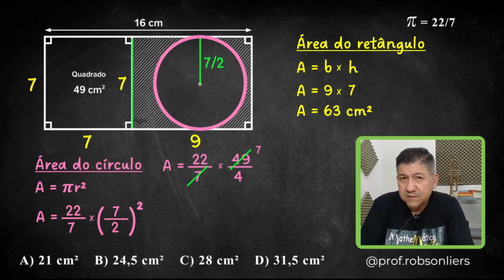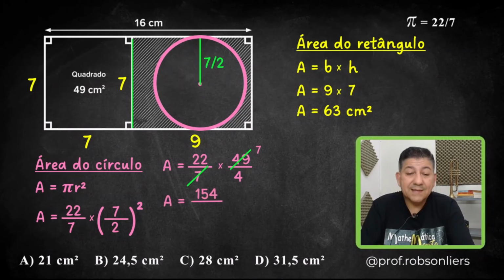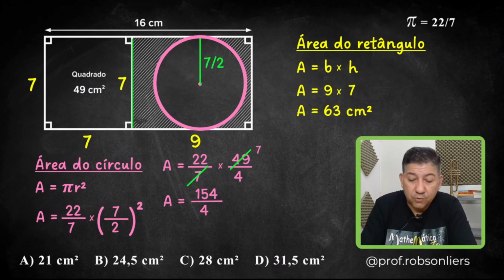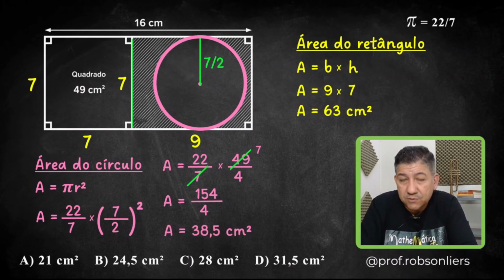So, let's do this division right away to make it easier to solve, because now we're going to multiply 22 by 7, which is 154, and we keep the 4 on the bottom, so the area will be equal to 154 divided by 4. Solving this division, 154 by 4, that's equal to 38.5 square centimeters. This is the area of the circle.